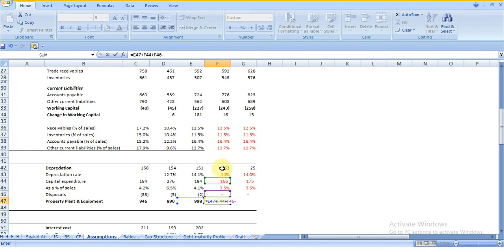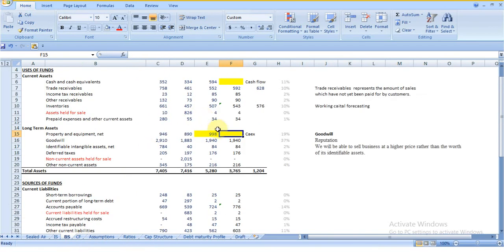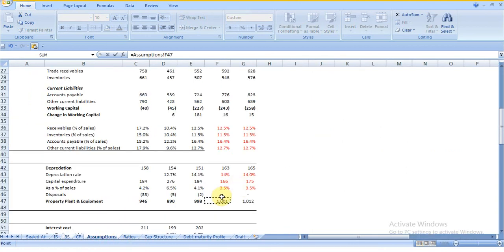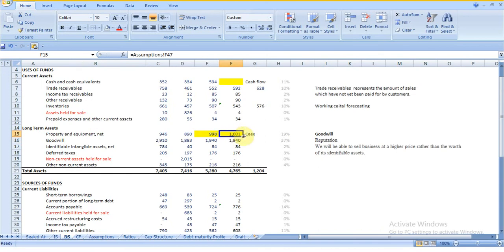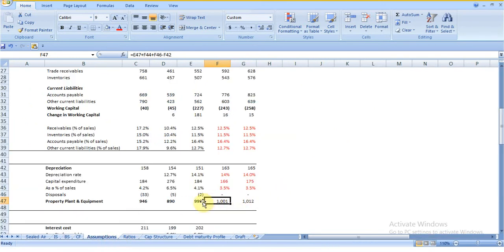This is my capital expenditure at the end of 2018 which we expect. So I get my property, plant, and equipment. I'm going to plug this number here from the assumptions, which is very easy. I'm going to drag it. So this way I got my property, plant, and equipment.